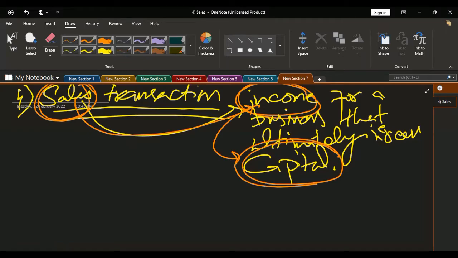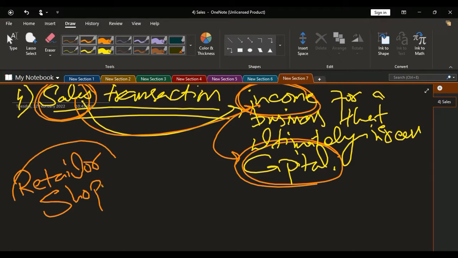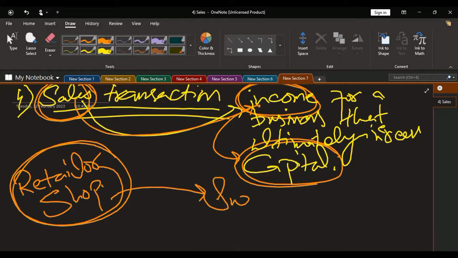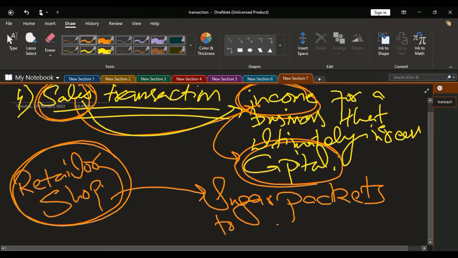For example, we have a retailer shop, and we have sold sugar packets to customers.